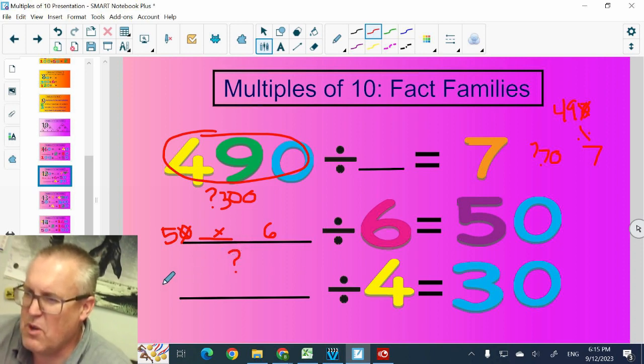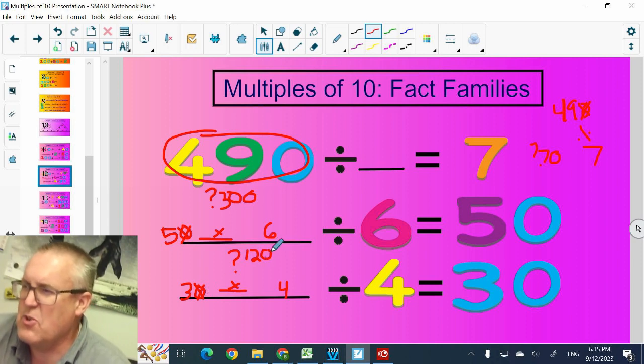Off to the left we're going to put the 30, and over here we're going to put 4. Going this way we're going to multiply. So 30 times 4, let's get rid of that 0. 3 times 4 is 12. And then let's put that 0 back. So if you got 120, you did that right. Good job.